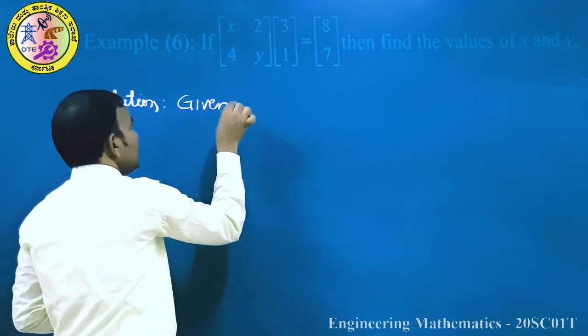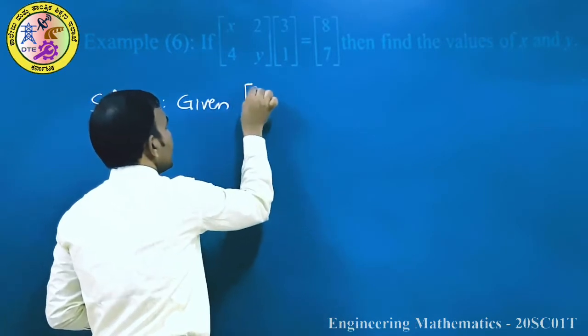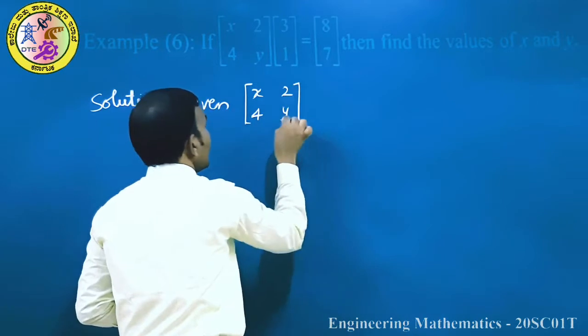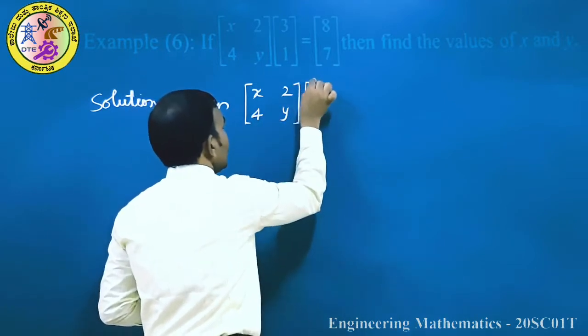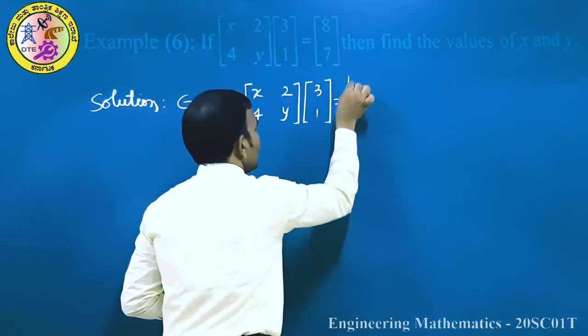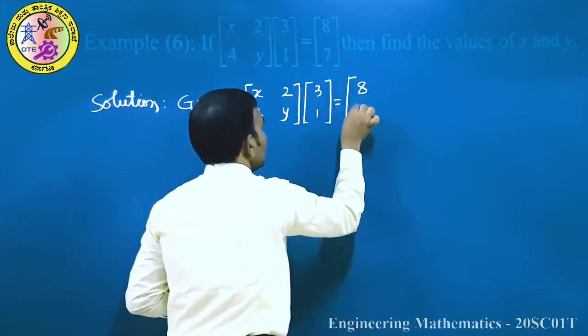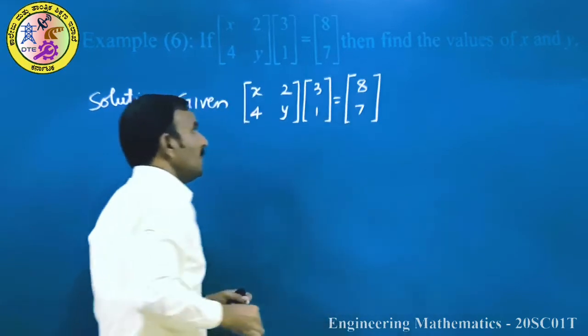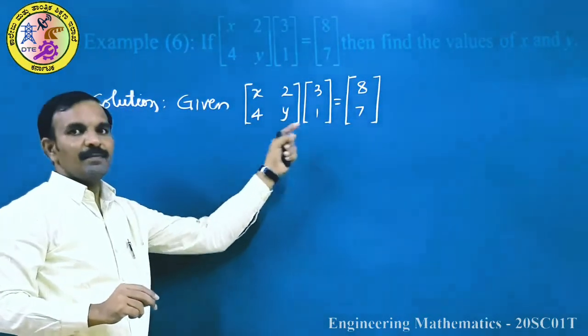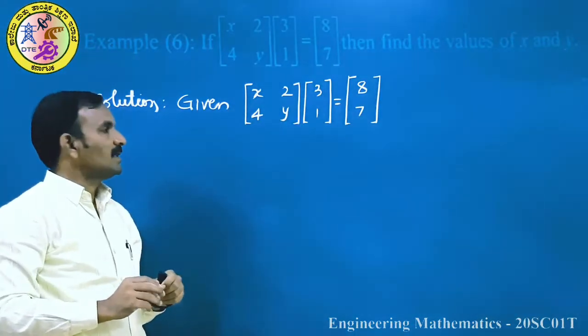Now start the solution by considering the given condition. What is given? The matrix [x+2, 4; y] into [3; 1] equals [8; 7]. First you have to multiply the matrices on the left-hand side.